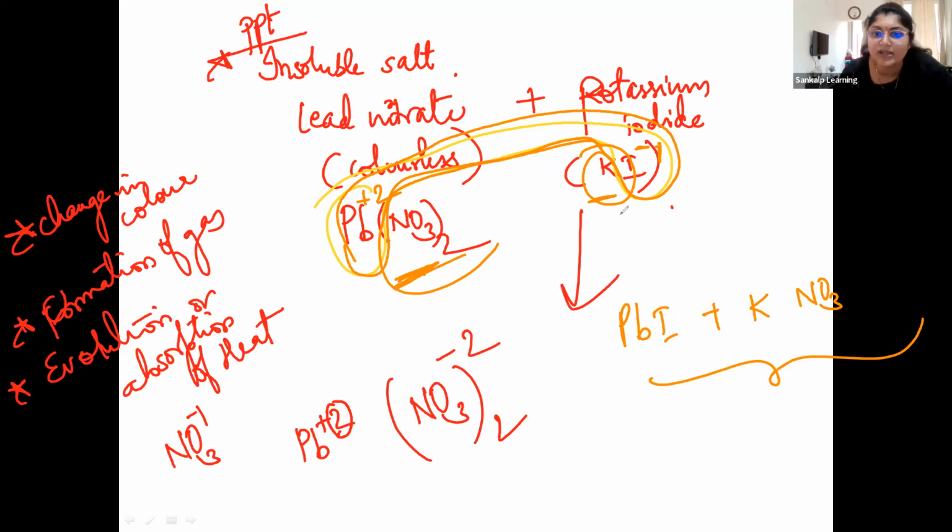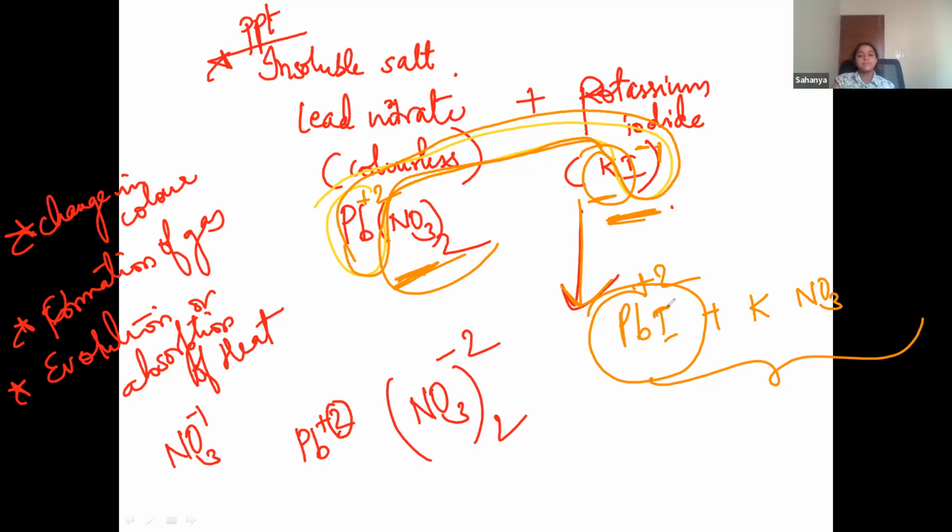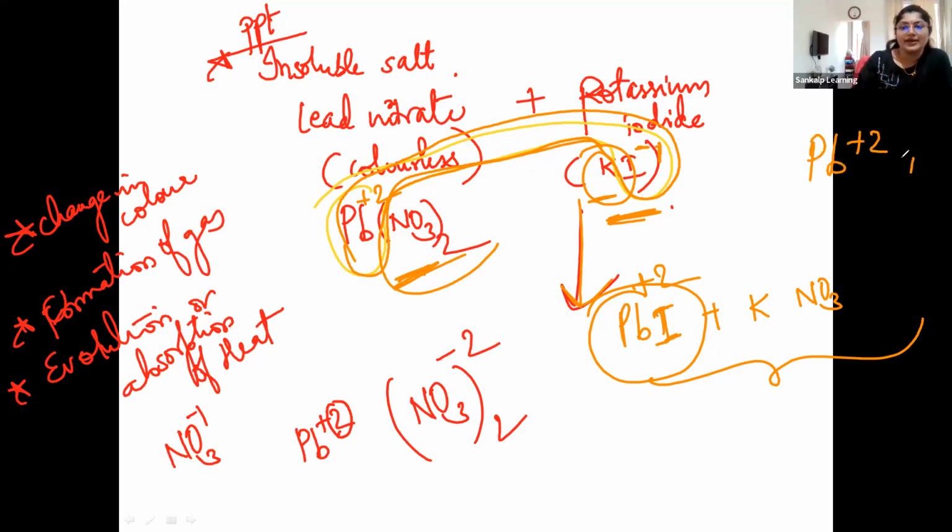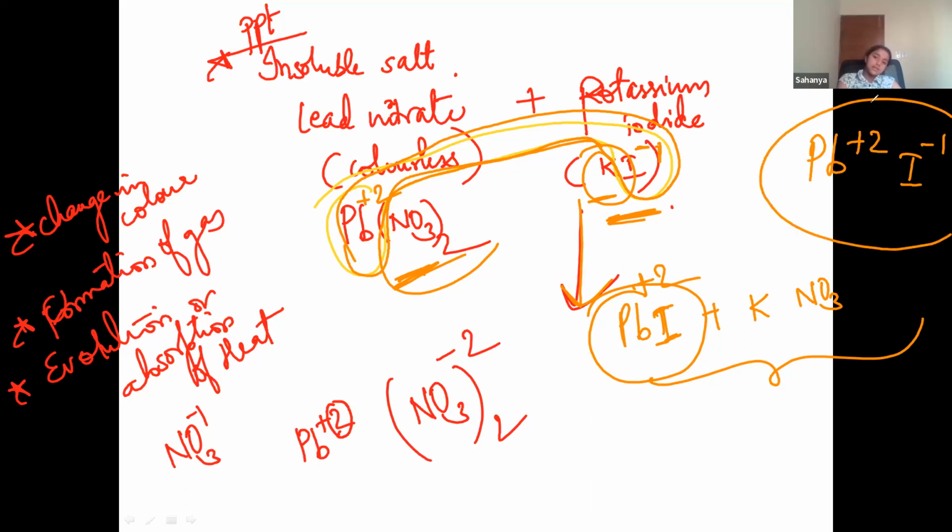Now both potassium nitrate and lead iodide are... when this reacts it forms lead iodide. Pb is +2, iodide is -1. What should I do?